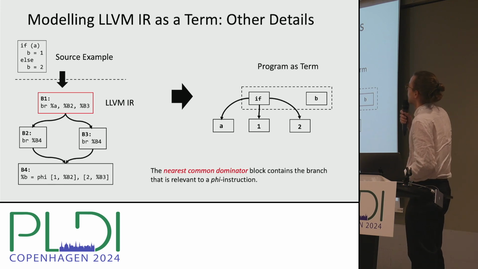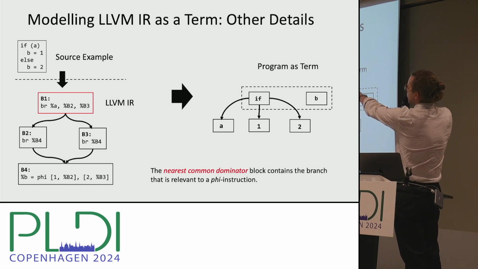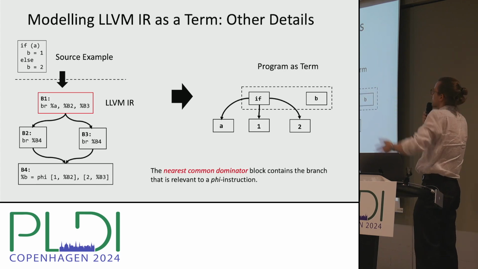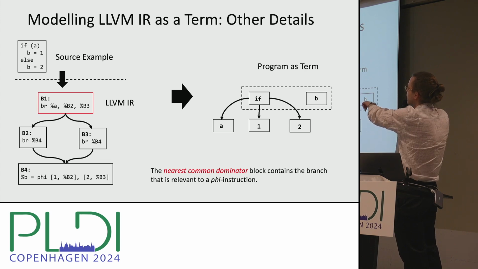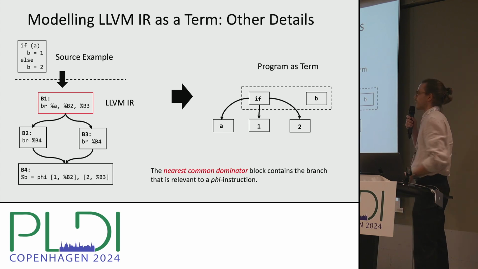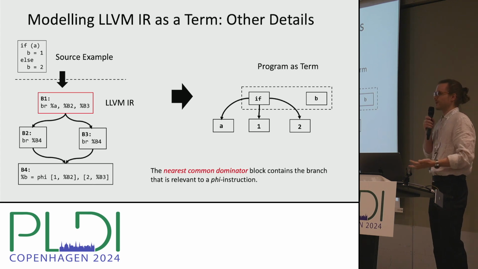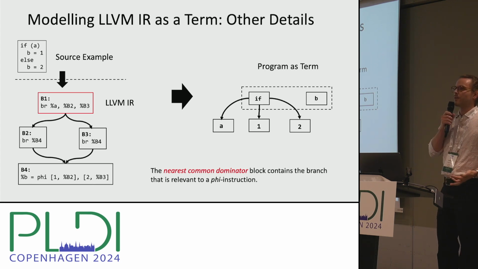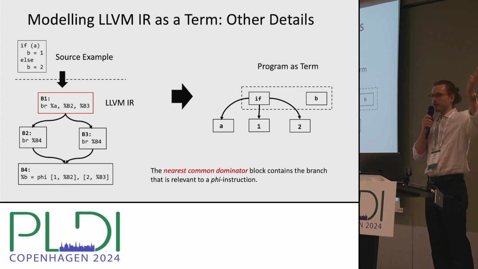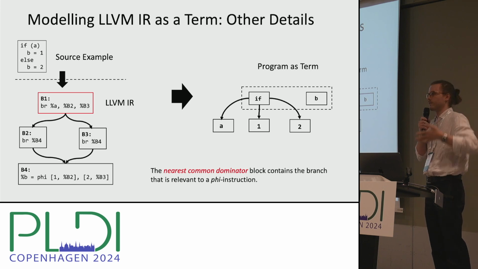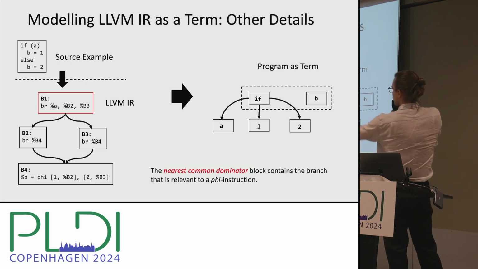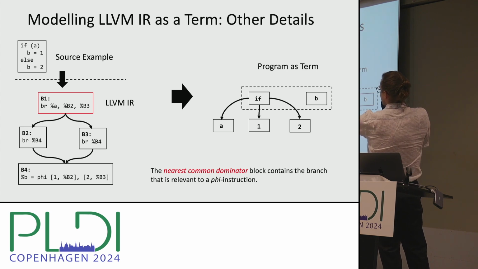So if you have a program with a diamond branching structure, where in one branch I assign 1 to B, and in the other branch I assign 2 to B, then I can only assign to B once. So I need this special instruction that will let me choose the correct value based off of which branch I visited. You can see that phi instruction in block B4, which is saying, if I came from block B2, I should have value 1. If I came from block B3, I should have value 2.